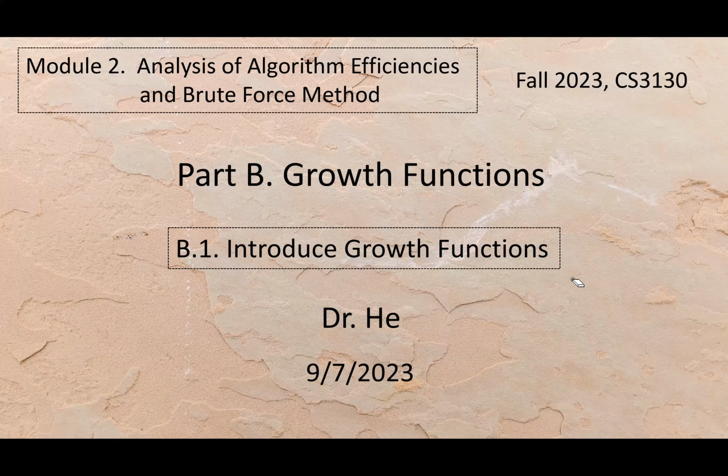T of n is approximately equal to little c sub op times capital C of n.